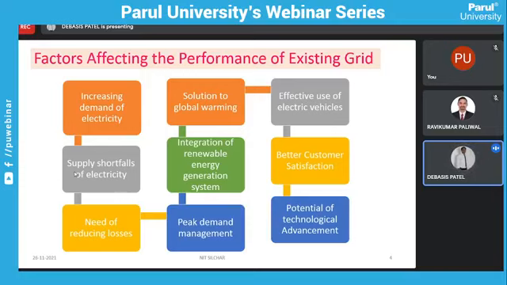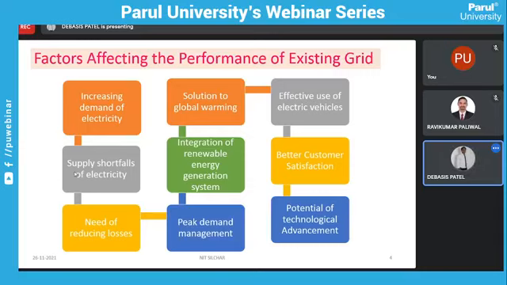Better customer satisfaction. Lastly, achieving better customer satisfaction is also more challenging in our present electrical grid. Customers are not getting better satisfaction in terms of price and flexibility, which is challenging. And technological advancements are also happening day by day. We are using more sensitive devices and more non-linear power electronics devices.